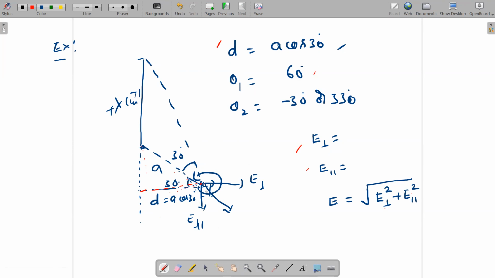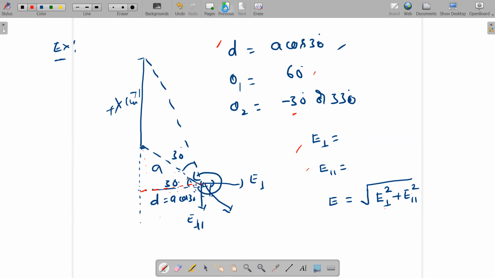Whereas theta 2 is the angle made by the line drawn from the bottom end to the perpendicular line. When it is lying below the perpendicular line, it will be positive, but here it is lying above, so you have to take negative. Otherwise, you can take it like this: the angle between the perpendicular line and the line drawn from the bottom end.